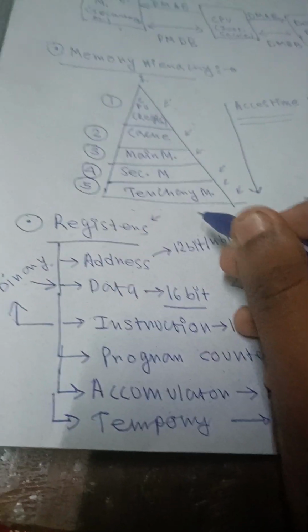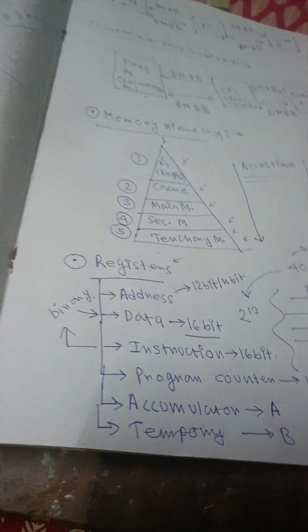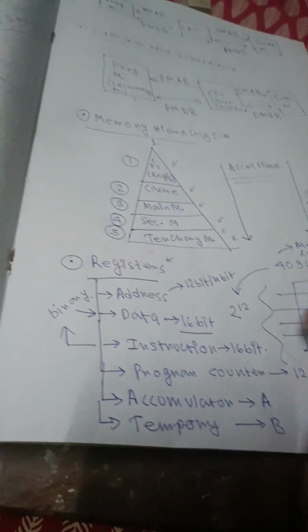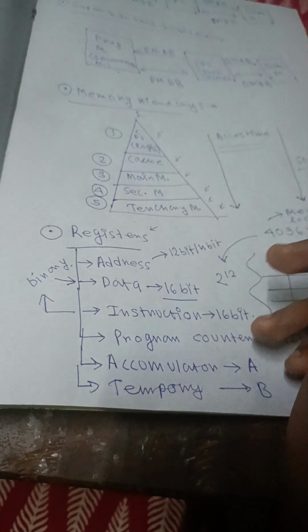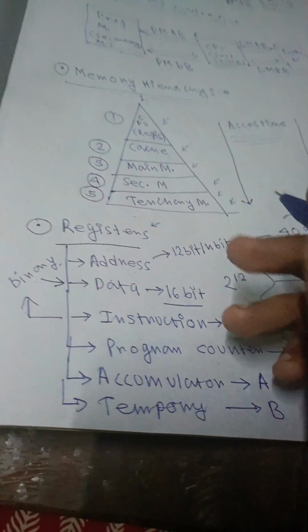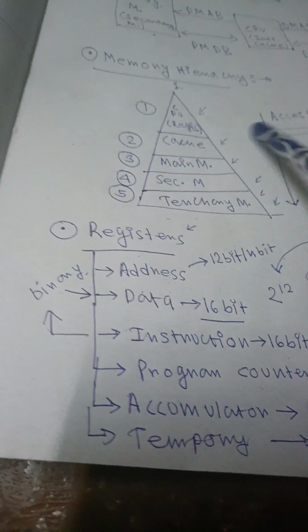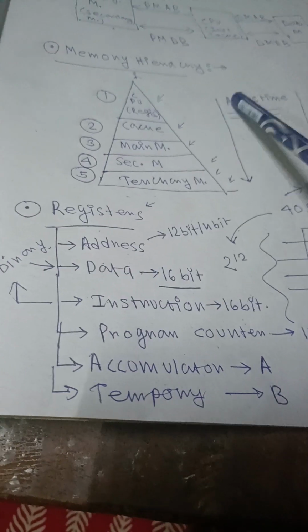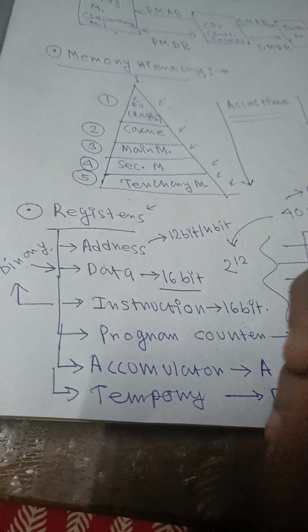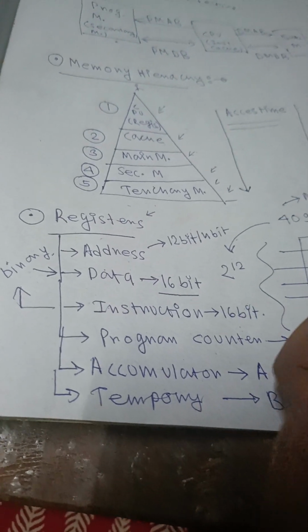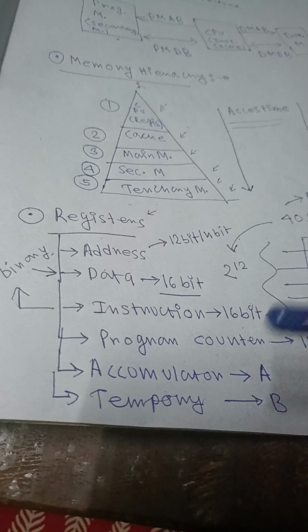So what are registers? In digital electronics we studied about registers. If you studied flip-flops, you have also studied registers. Registers are a place where you can store some data. If you haven't studied registers, just understand it this way.